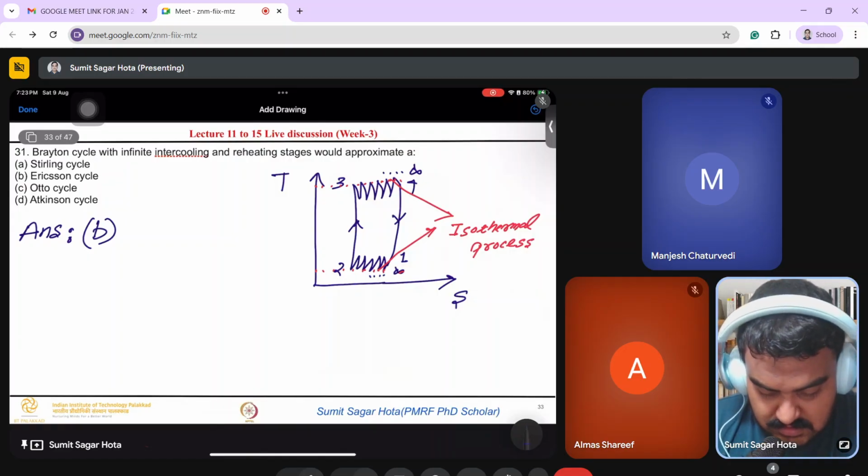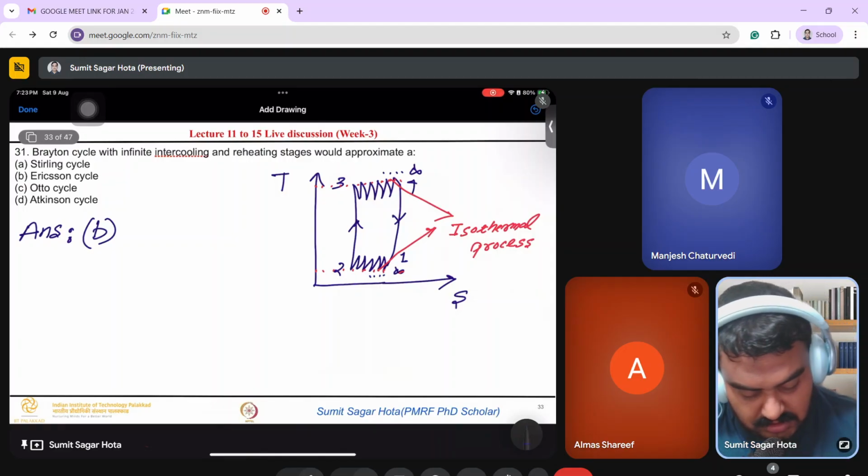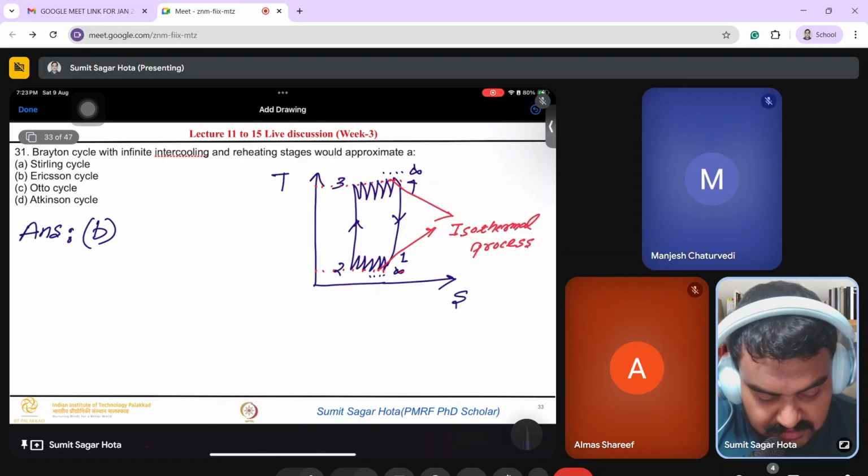This is a very good and very important term.